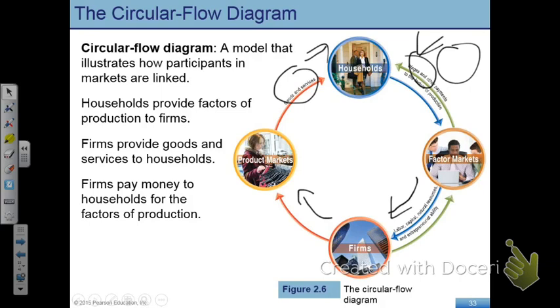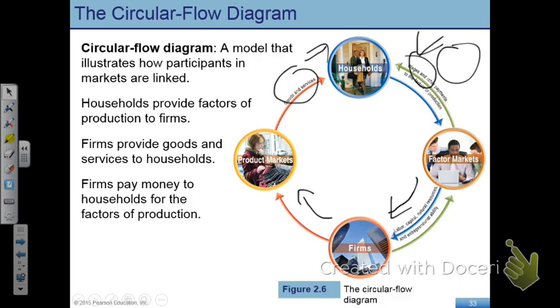But interest payment is going to be the payment for selling capital to the firm. To put it more formally, households will actually rent the capital to the firm. So we are going to distinguish that later on.